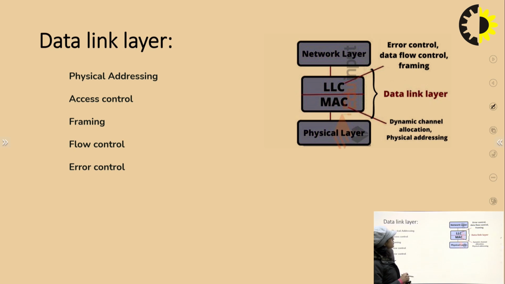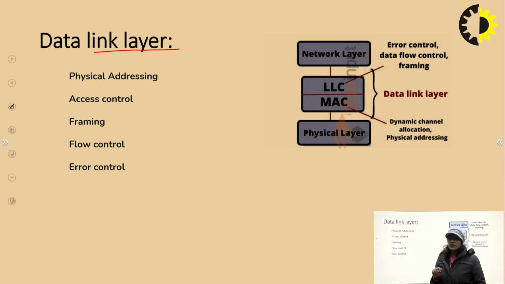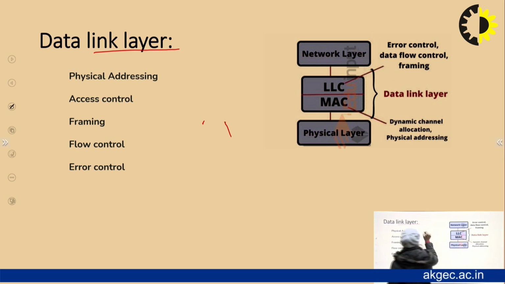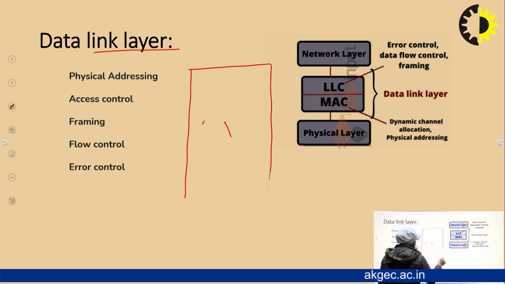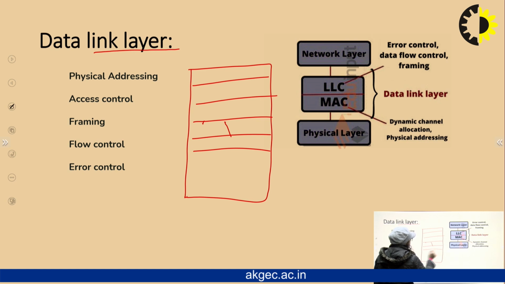Before discussing this, we need the main concept of the data link layer, because media access control is derived from this layer. This is the main responsibility of the data link layer. We already discussed the OSI model, which has 7 layers.